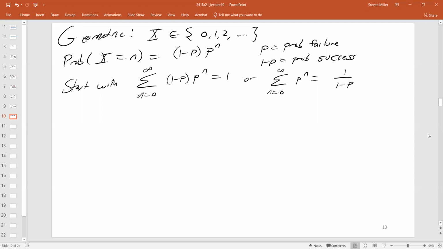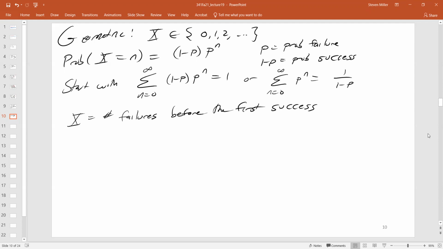So what you can view this as is how many times do I have to toss a coin with probability p of failure before I have my first success? So x is the number of tosses before, let me see, no, it's not the number of tosses, it's the number of failures before the first success.